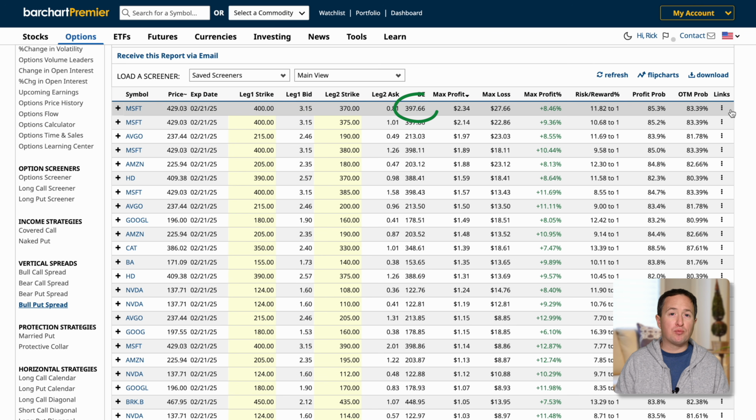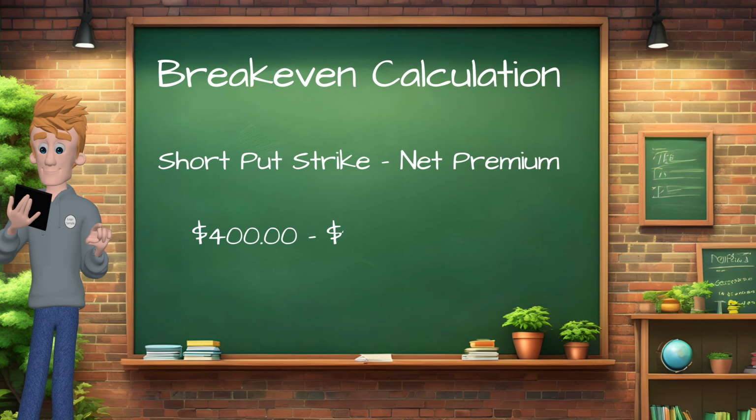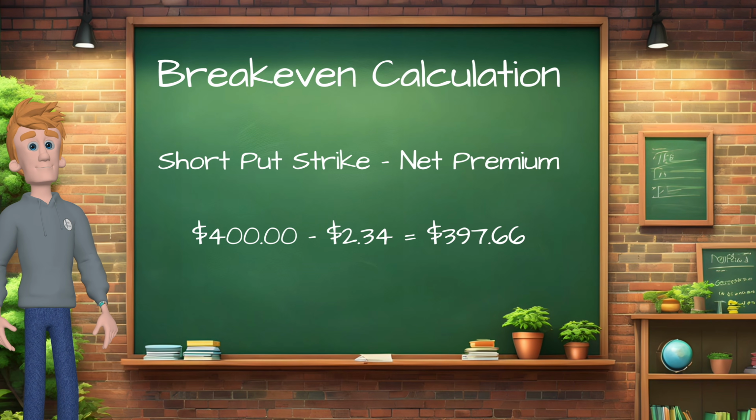If we have a look, the break-even price on the trade happens at $397.66. In case you want to calculate the break-even on a bull put, subtract the net premium from the short put strike. So as long as Microsoft trades above that price at expiration, you make a profit. Otherwise, the trade starts to turn to a loss.